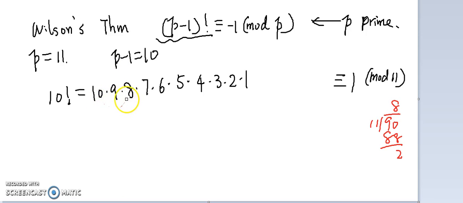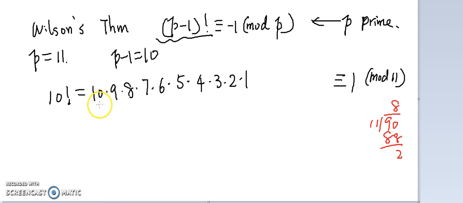Doesn't work. Keep trying: 10 times 6 is 66, remainder 5. And 10 times 5 is 50, the remainder is 6. We keep trying this, and we find that 10 times any of them will not give us a remainder 1.